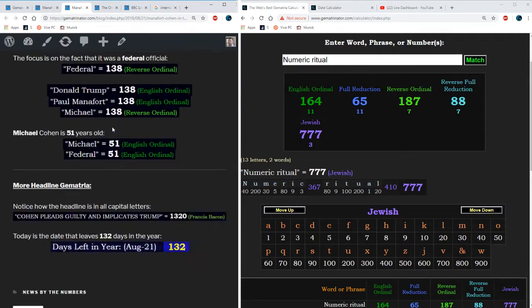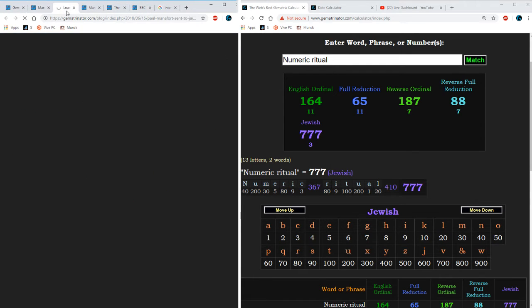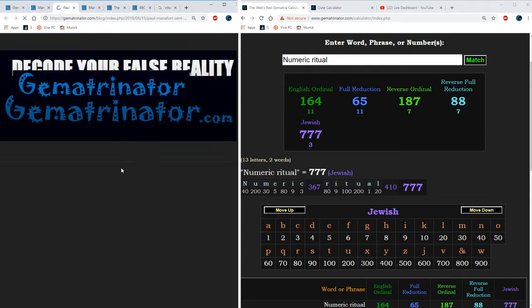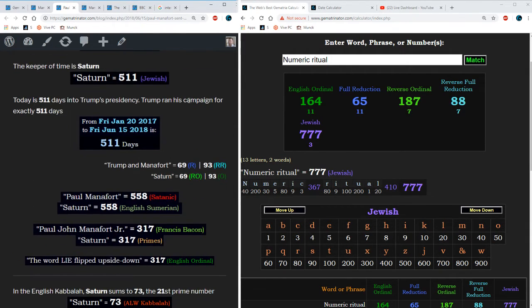Notice how when Manafort was first arrested, it was 511 days into Trump's presidency. And even back then, I noted how significant this was because Donald Trump ran his campaign for exactly 511 days.